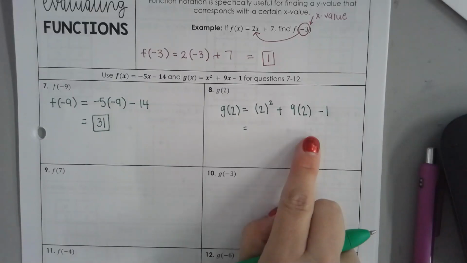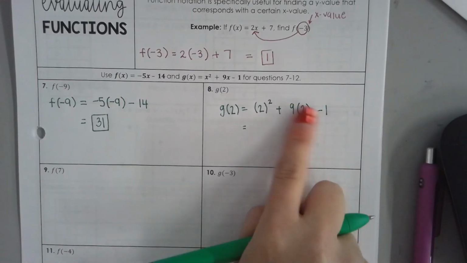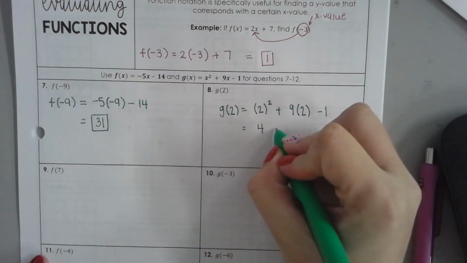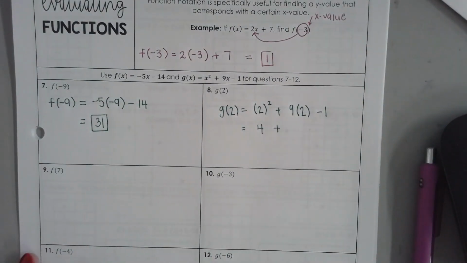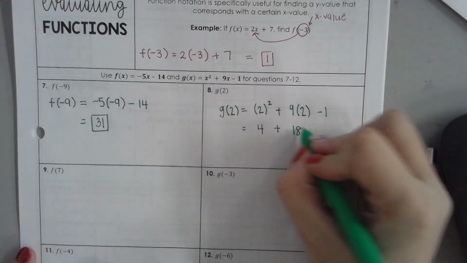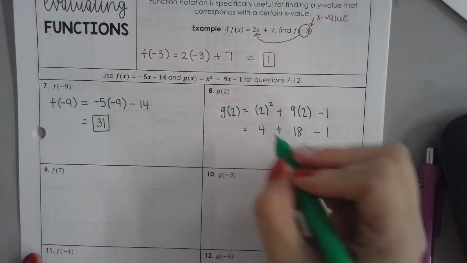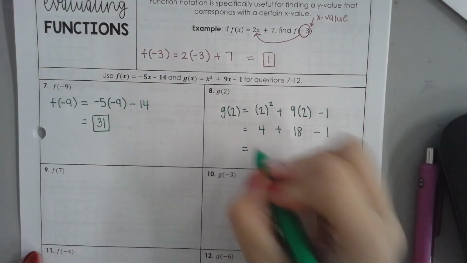Any questions on how I plug that in? Okay, what is 2 squared? 4. What's 9 times 2? 18. Minus 1. So we have 4 plus 18 minus 1.